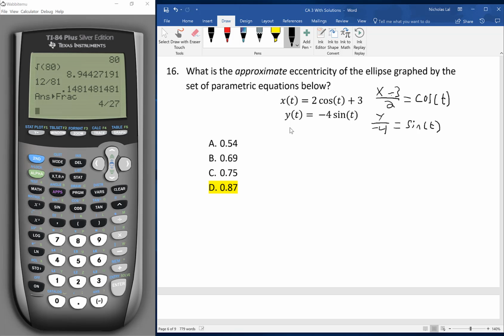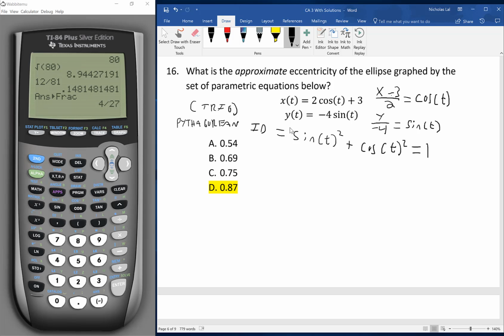Now, the Pythagorean relation that we need to know, the Pythagorean identity, and this is for trig, is that the sine of t squared plus the cosine of t squared is equal to 1.